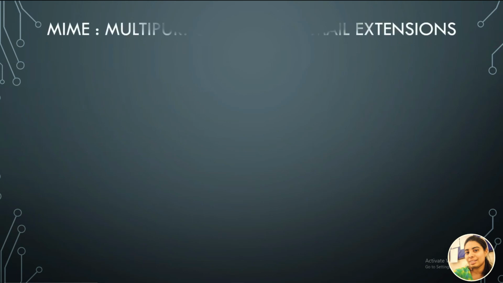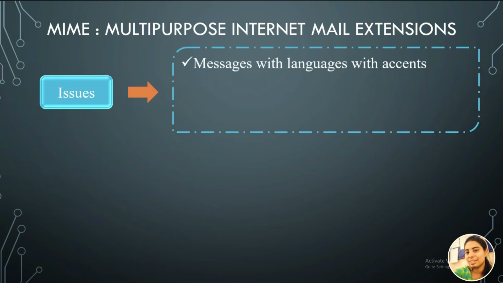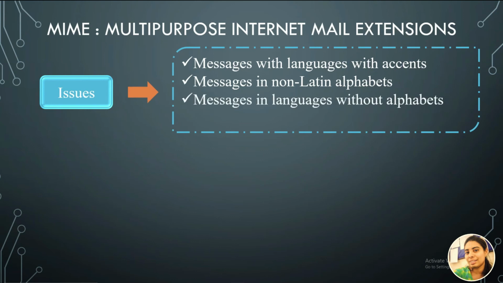But there are still some problems, like sending messages in non-Latin alphabets, messages in languages without alphabets, or other types of data such as image, audio, video, etc. To provide this type of support in an email system, the MIME protocol is used.